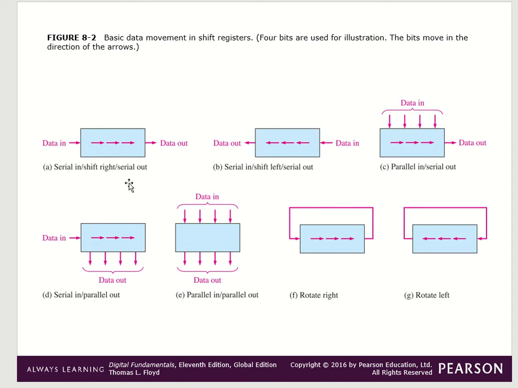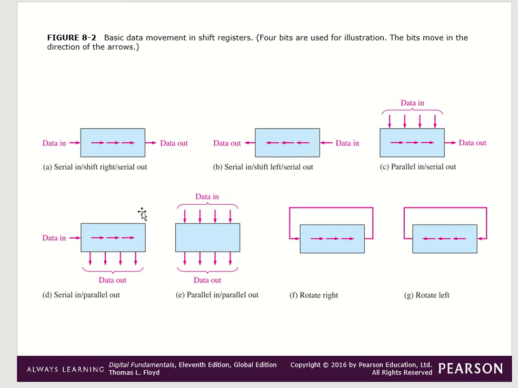Then serial in, parallel out, then parallel in, parallel out, okay, and parallel in, serial out. So these are the 4 types of shift register. Once again, serial in, serial out, then parallel in, serial out, and here serial in, parallel out, finally parallel in, parallel out.